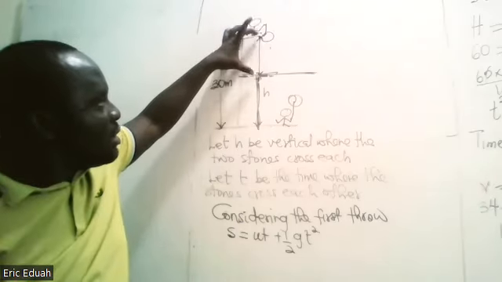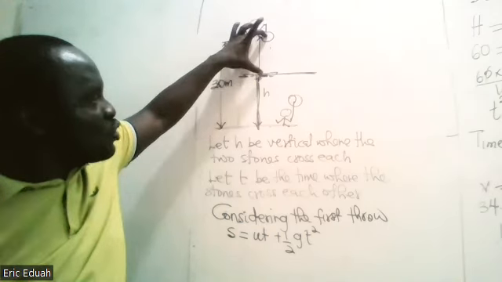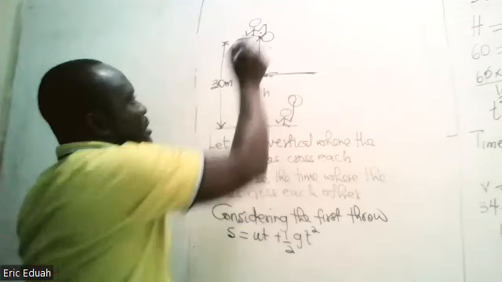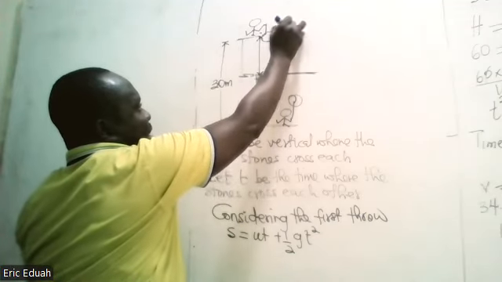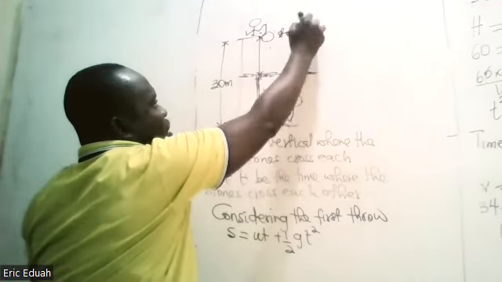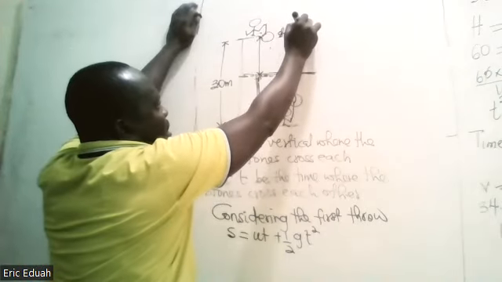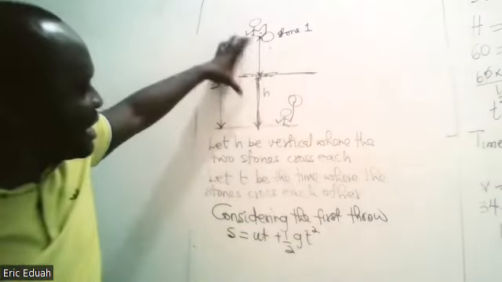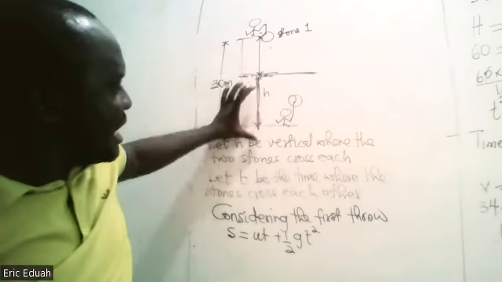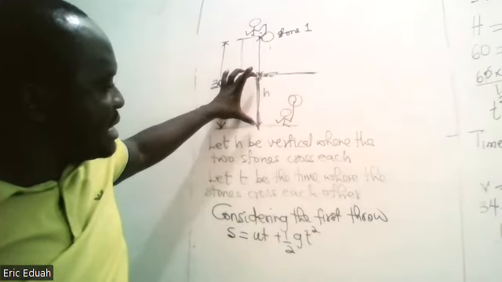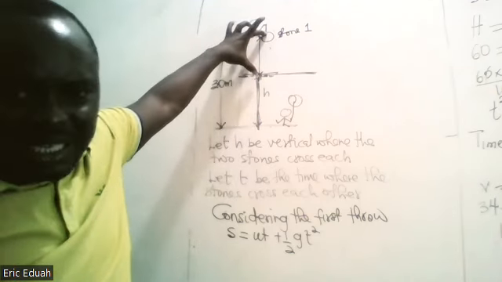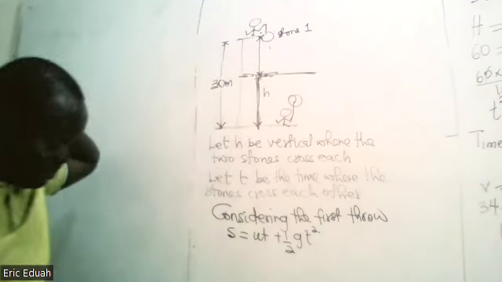A volunteer to help me. What will be this distance that the first stone, stone 1, would cover before crossing? If the height of the cliff is 30, and we are assuming that they will cross each other at a height h, then what will be this distance? Yes, Kelly.